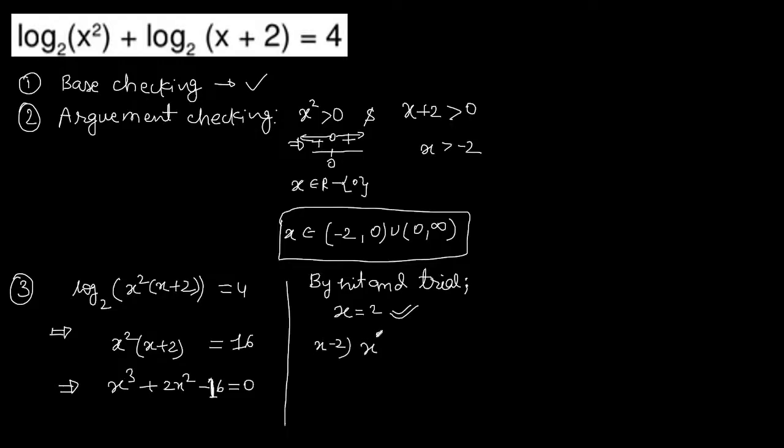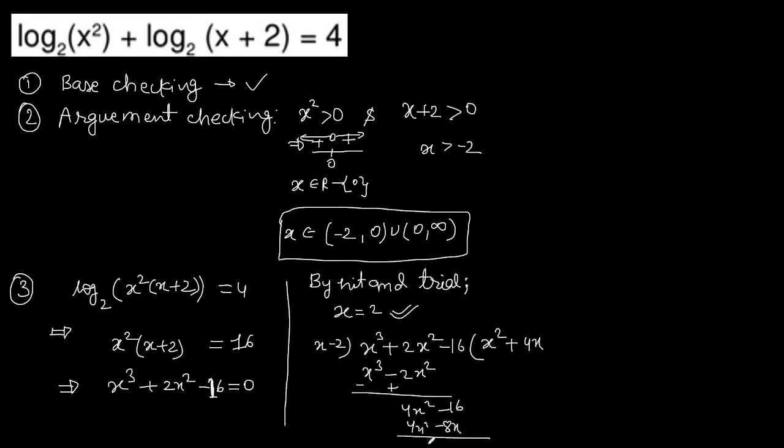We will divide x cube plus 2x square minus 16. It is x square, x cube minus 2x square, minus plus 4x square minus 16. It is plus 4x square minus 8x. We'll get 8x minus 16. So we'll have finally plus 8.